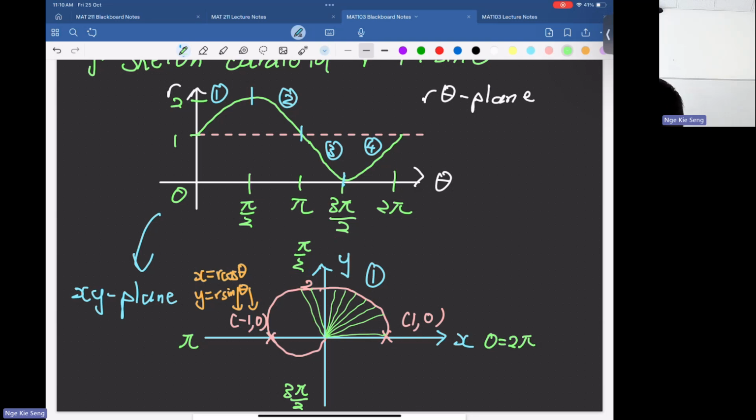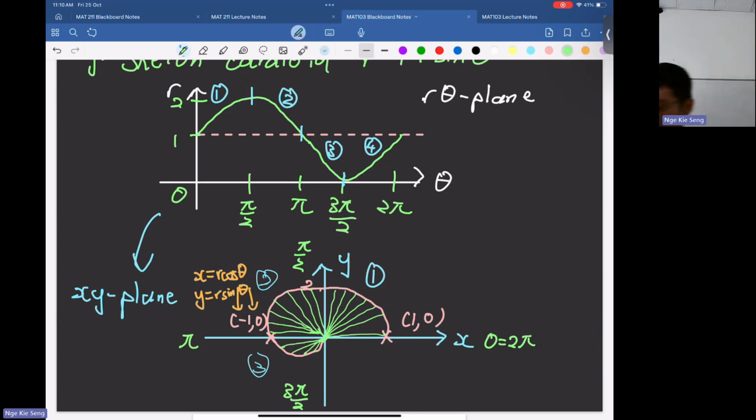And then at the second part, it decreases. And then in the third part, it further decreases until you meet 0. Can you see the radius increasing using this green line here? Maybe a bit ugly, but you increase, and then decrease, and then decrease further until you get 0.